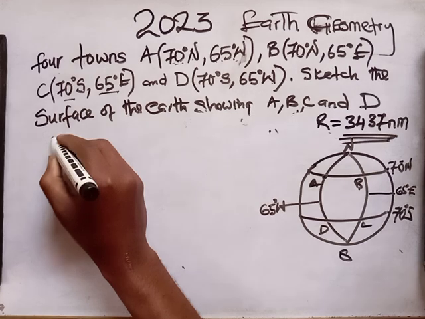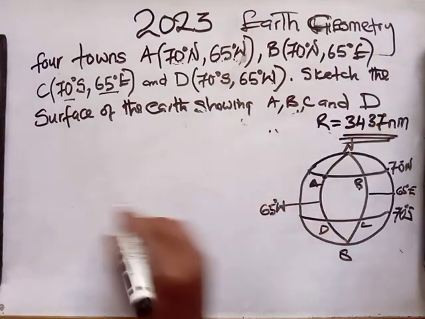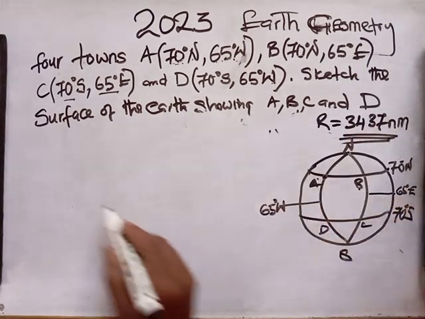So find the distance in nautical miles along AB.